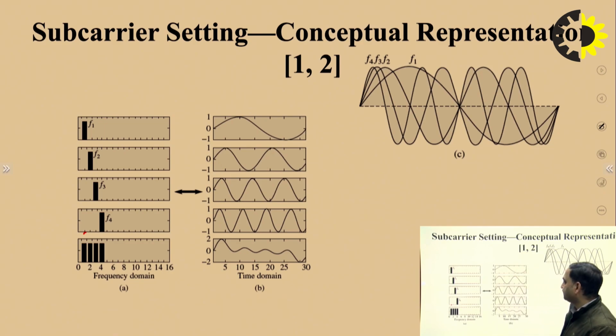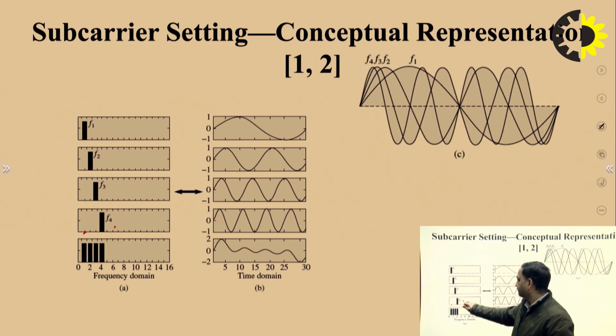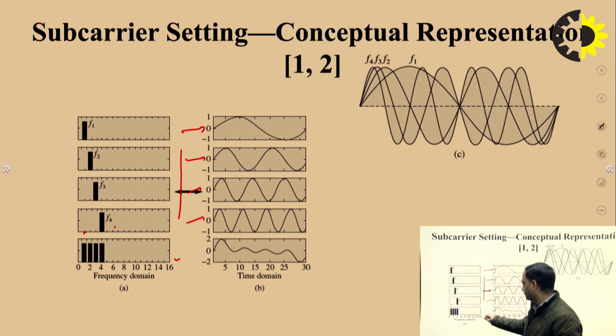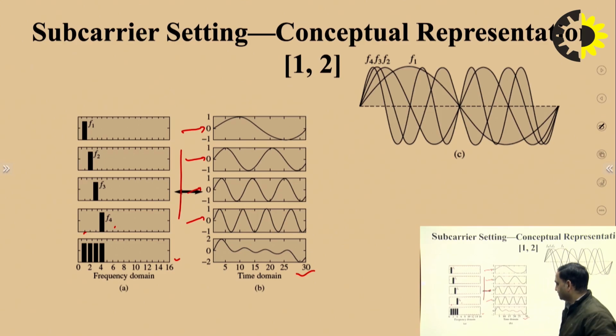Similarly, another graph represents the frequency and time domain for F1, F2, F3 and F4. The time domain for this corresponding is like this one. When we combine all this in the frequency domain, we get the OFDMA signal, and the distorted signal will be observed at the receiver side.